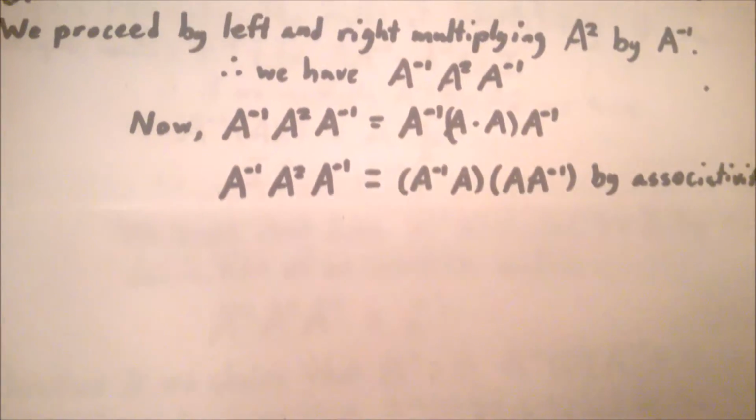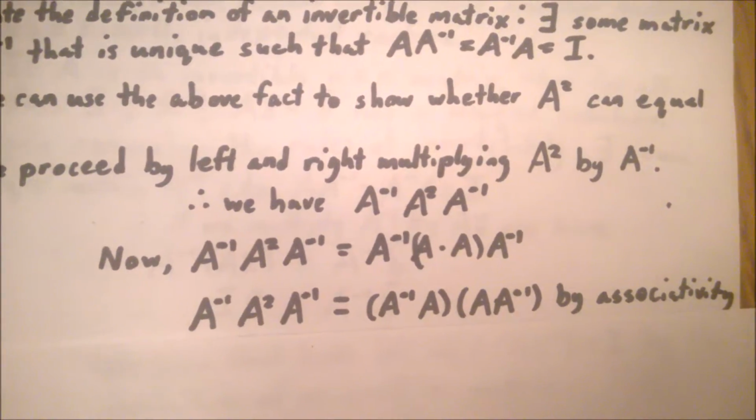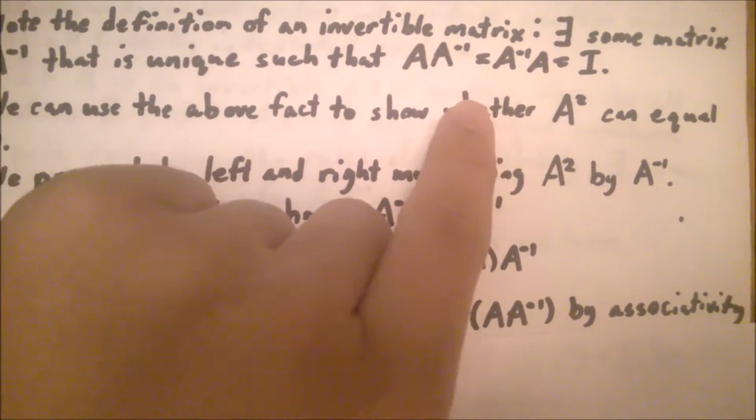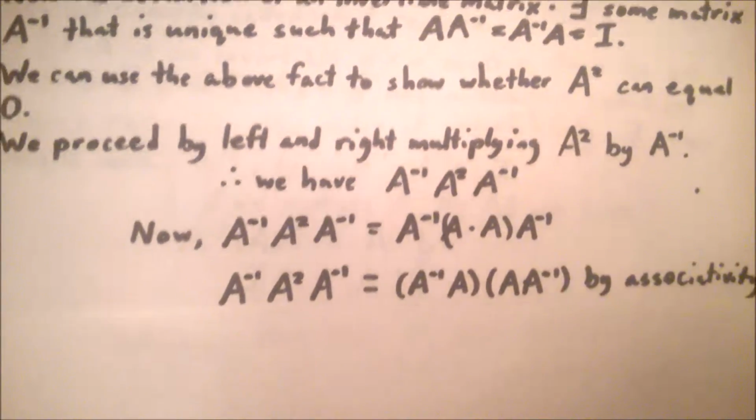Now, we know from our definition above of an invertible matrix that A times A inverse is equal to A inverse times A, which is just equal to the identity matrix.